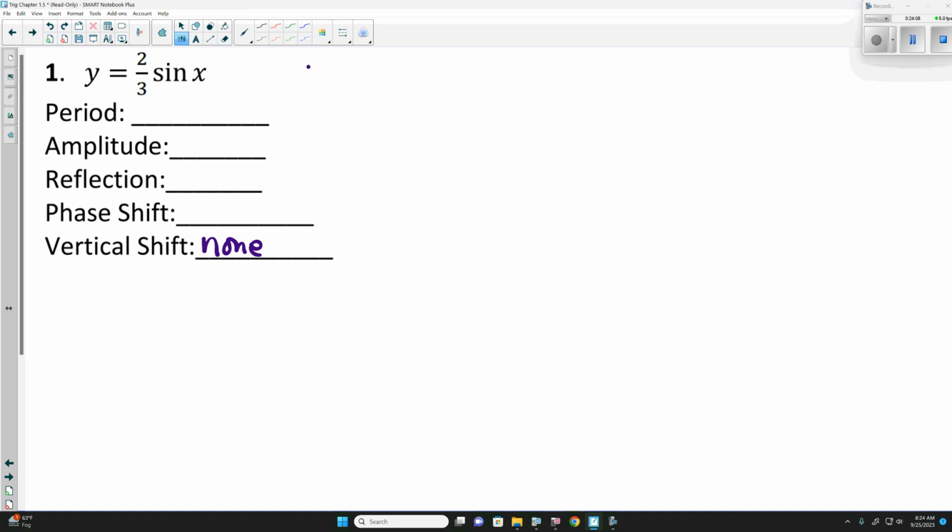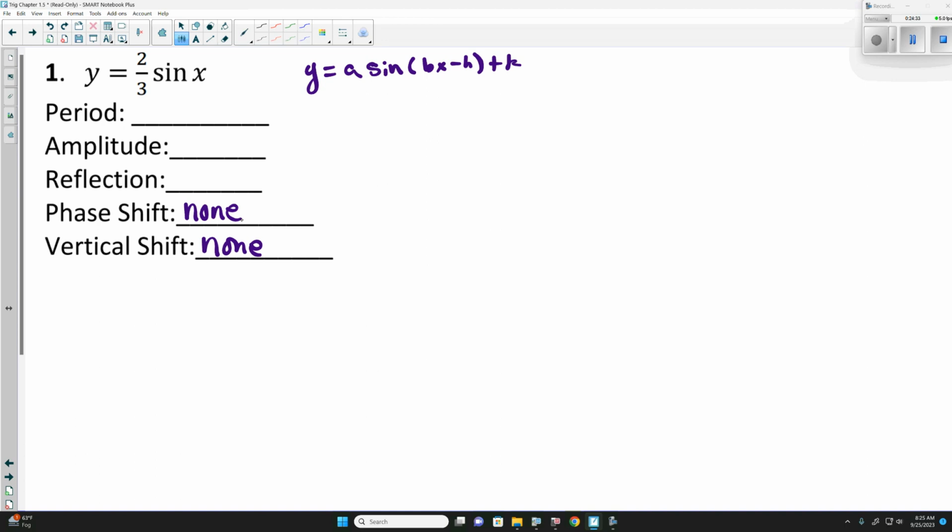Do we have something because a sine of b x minus h plus k, do we have a value in the h spot inside that parenthesis? Because k is up and down, our h, no. So phase shift is none.